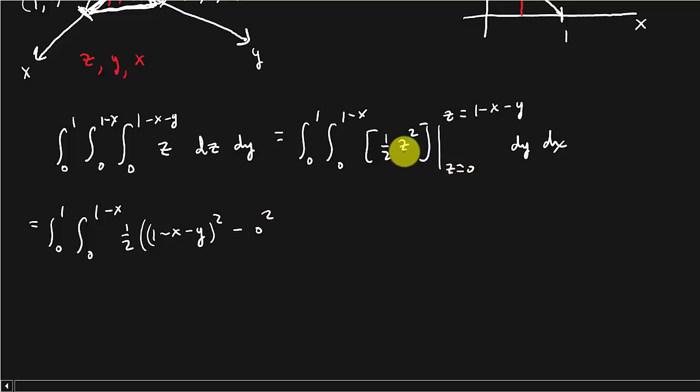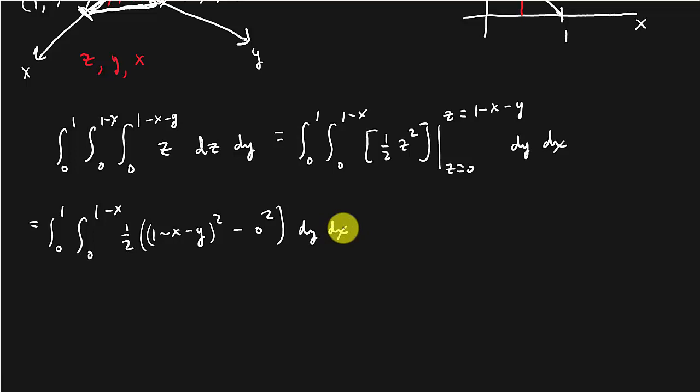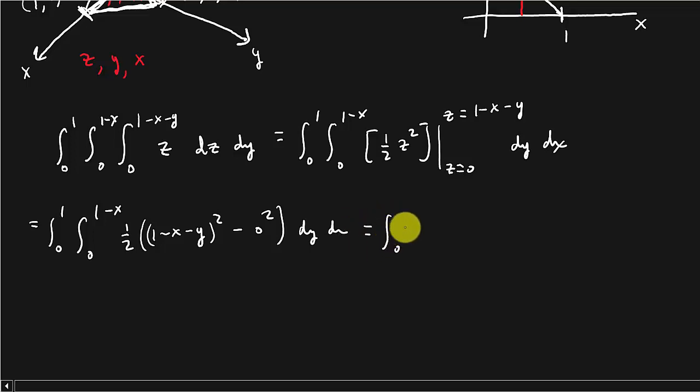When I plug the 0 in for z, that's just going to be 0. And then that's dy dx. All right. And so that is going to give us, let's see, 0 to 1, 0 to 1 minus x. Let's go ahead and bring the 1/2 out. And so that's going to give me 1/2 times the integral of 1 minus x minus y squared dy dx.